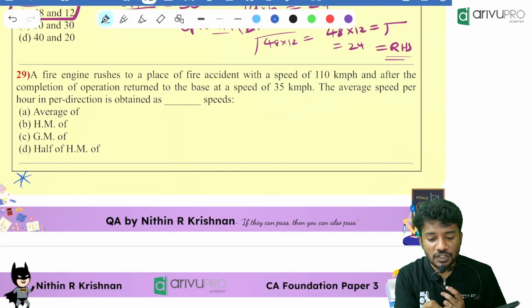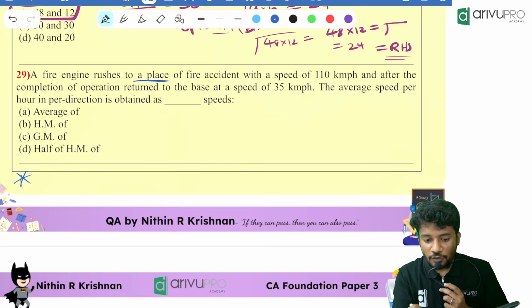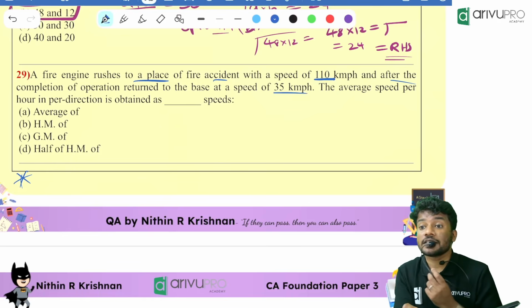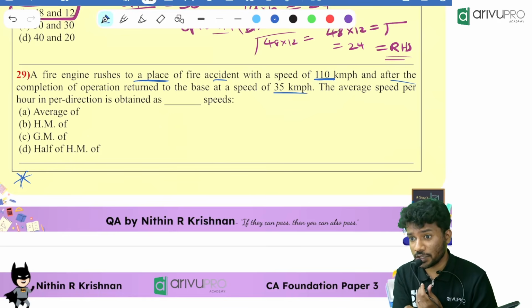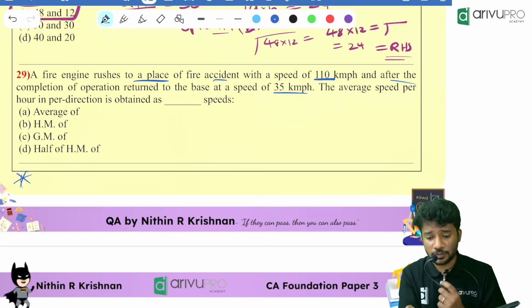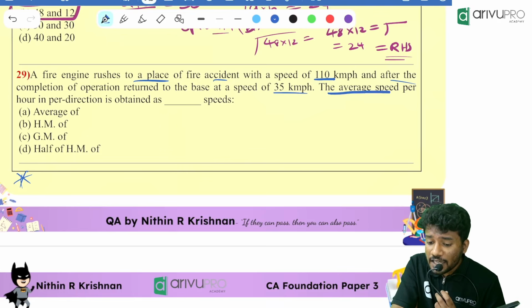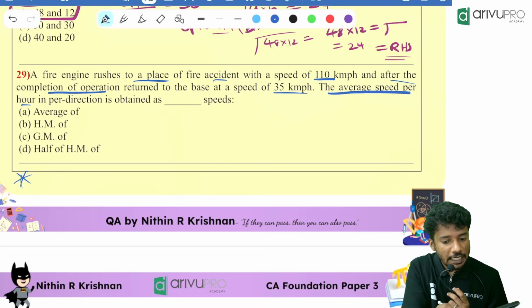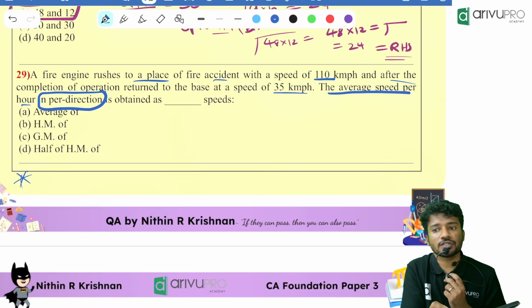A fire engine rushes to a place of fire accident with a speed of 110 km per hour. After completion, it returns to the base at 35 km per hour. We know average speed we can find using 2ab divided by a plus b. Correct. The average speed per direction is the question.